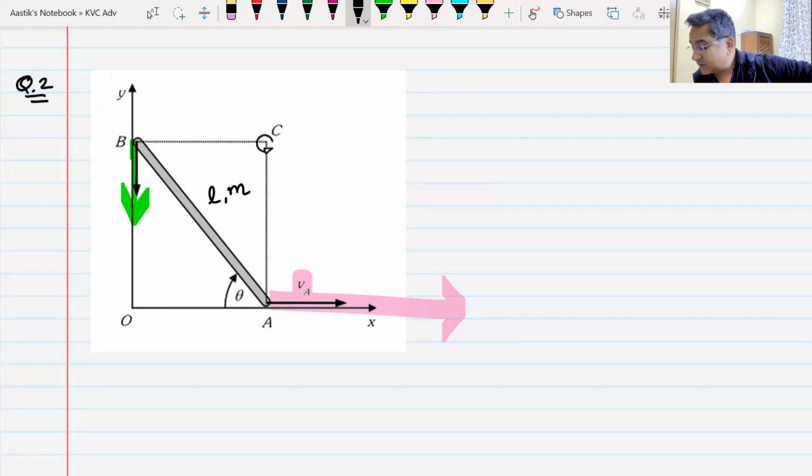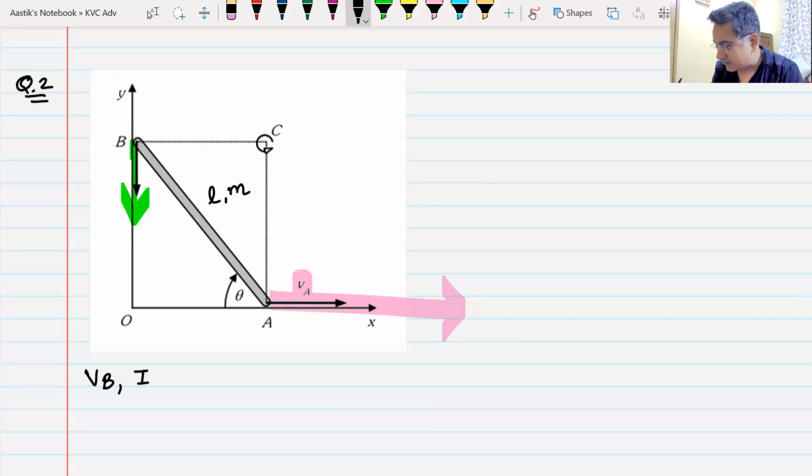What is basically asked in this question, the most basic one, is the velocity of point B. If you can solve all of these, that means you know everything that you need to know about rotation. Remember, no one understands rotation. So the velocity of point A is given to you, and you have to find the velocity of point B. That is the most general question that is asked.